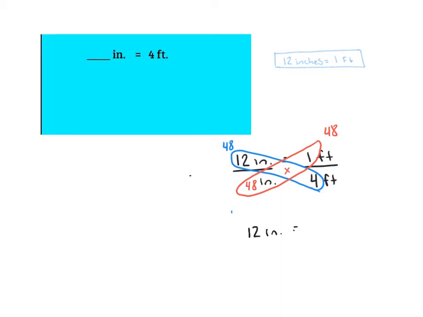If I knew 12 inches are in 1 foot and I need to get to 4 feet, I could think 1 times 12 equals 12, so 4 times 12 equals 48 inches. Either way would get you the correct answer. Let's put our 48 here. Let's go on and try another one.